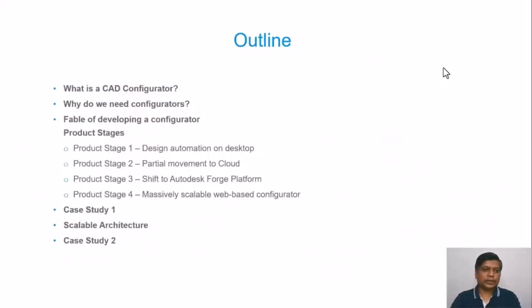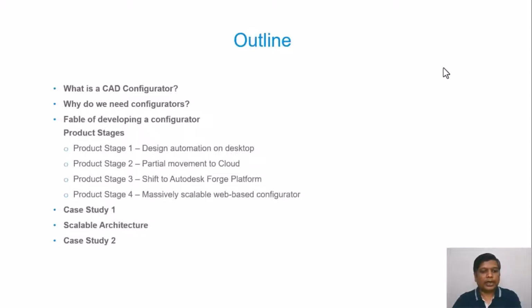So what we'll be discussing today? We'll be discussing what CAD configurators are and why we need them. We'll also talk about a small fable, in which we try to tell you the story of a configurator. In that, we'll take an opportunity to go through stages of product development, like design automation on desktop, how we move that to the cloud, and then a solution in the industry called the Autodesk Forge platform and how to shift to that.